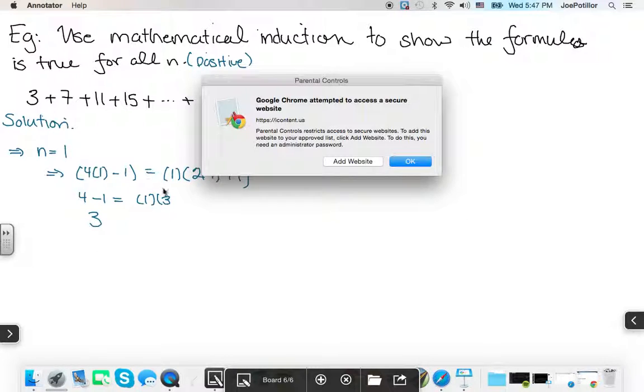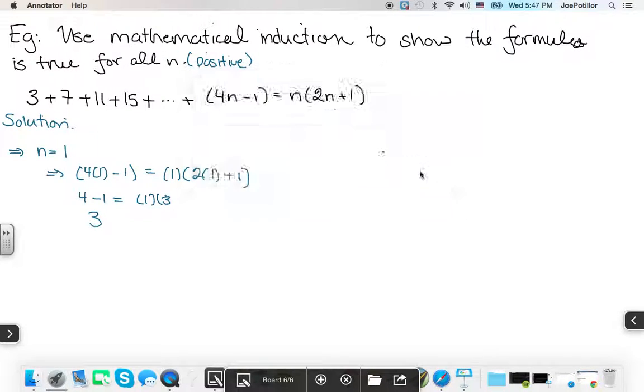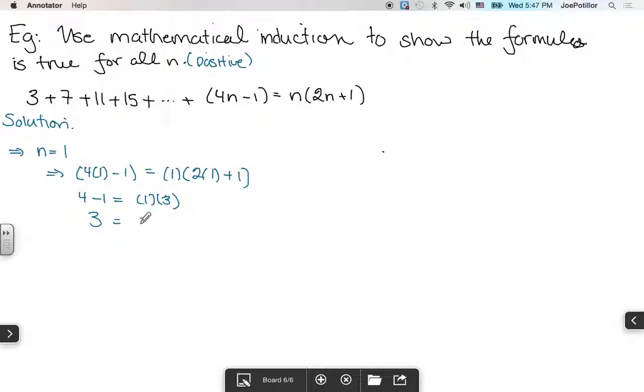Okay, come on. So we get 3 is equal to 3. So it's true. That's step A. So we plug in 1 for n.